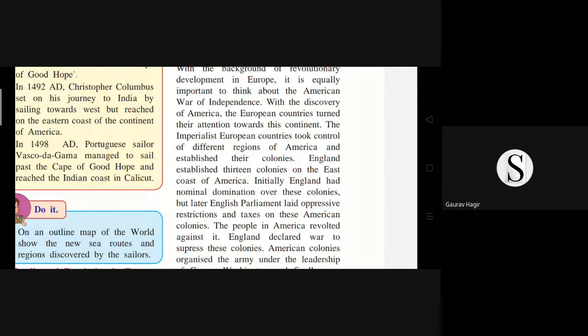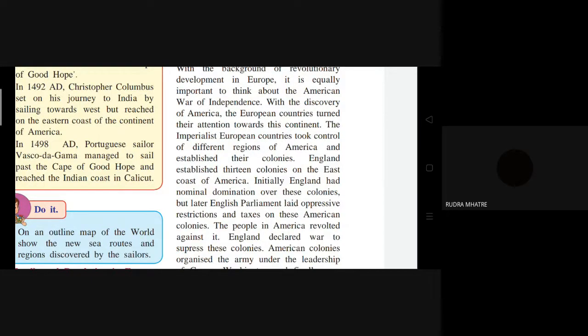Okay, Rudra. Yes, miss. Imperialist European countries established colonies in different regions of America. England established 13 colonies on the east coast of America.